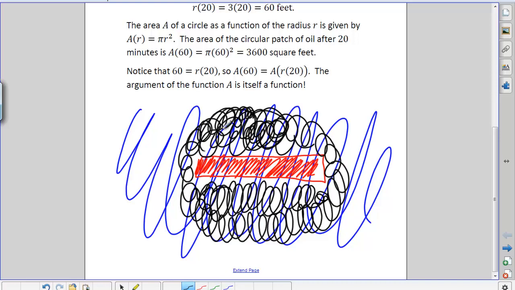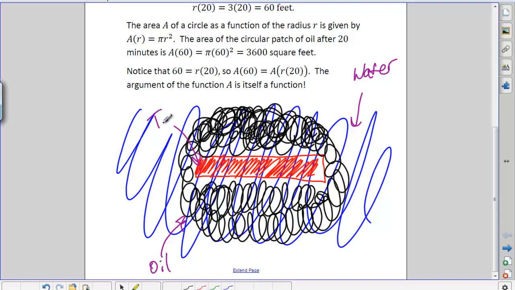We have a tanker in the water, and obviously this is an overhead view of the tanker in the water, but in case your imagination is failing you, this is water, this is oil, and this is a tanker. And there's your art lesson for the day.